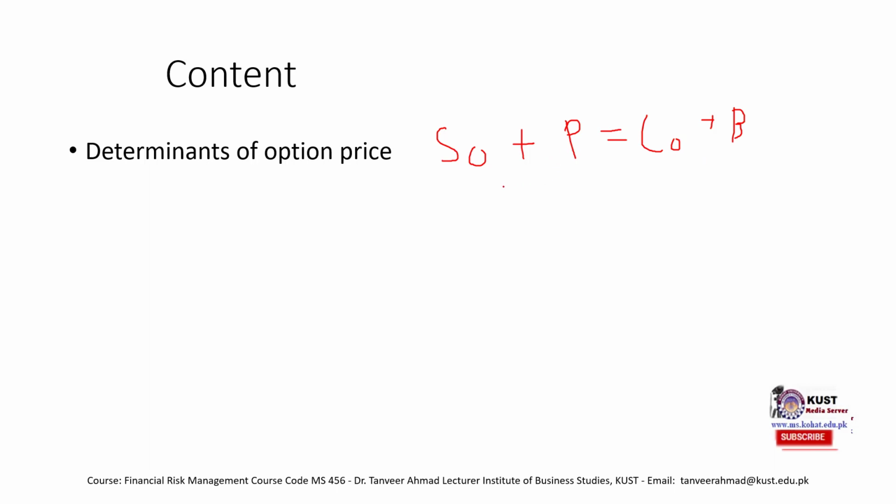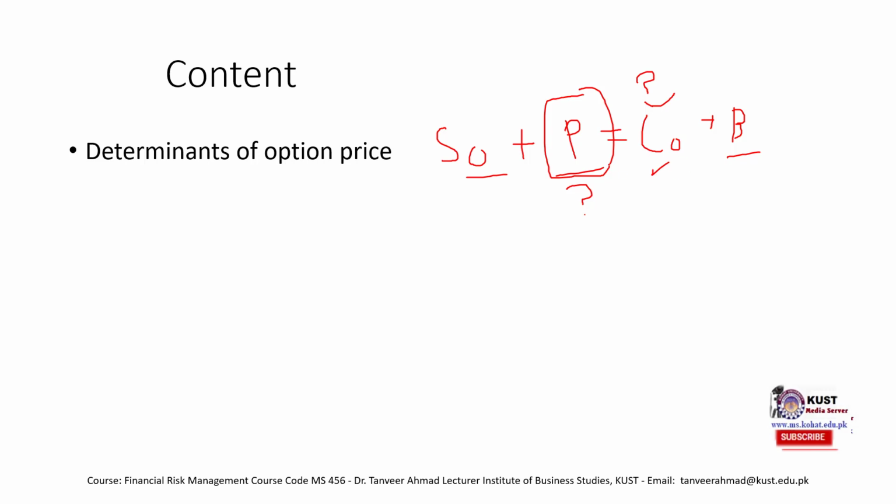So we need to have three elements to find the value of the missing element. How would we find the premium of put if we wanted to find the premium of call? Where would this premium come from? Or if we wanted to find the premium of put, how would we find the premium of call? Because we need three values for this model to work.